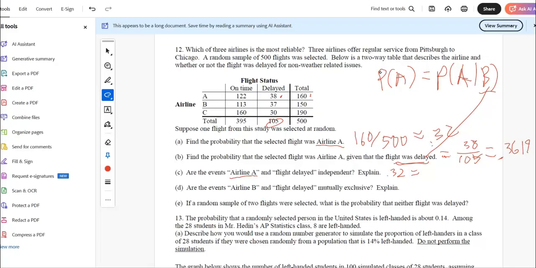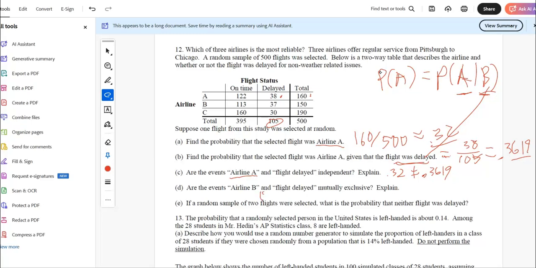I mean, they're not far apart, but those are not equal to each other. So I don't think those are independent, because B is having an effect on A, right? That's just true.